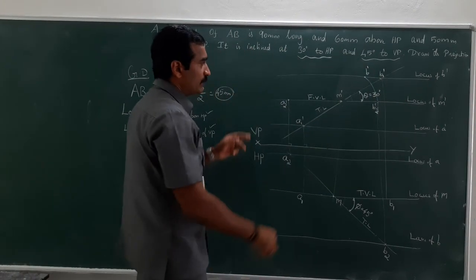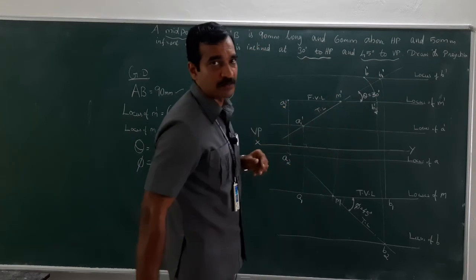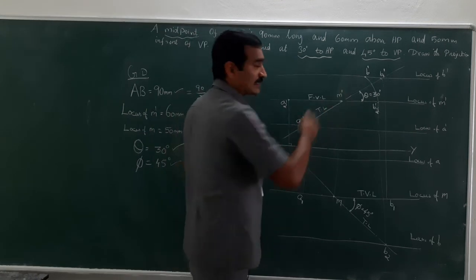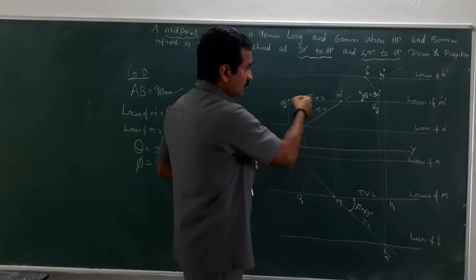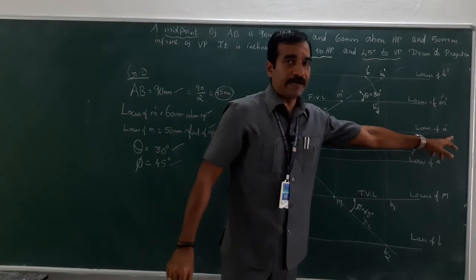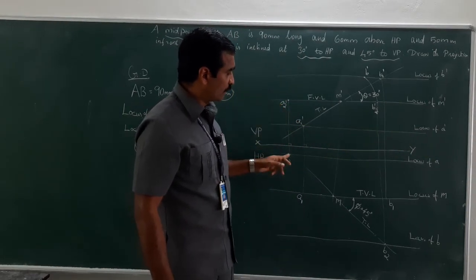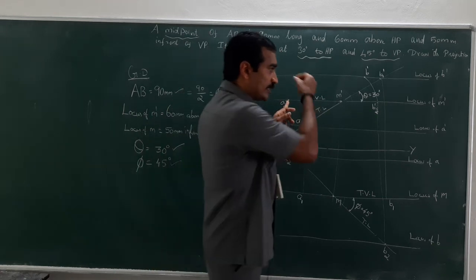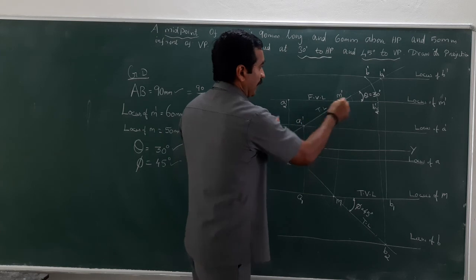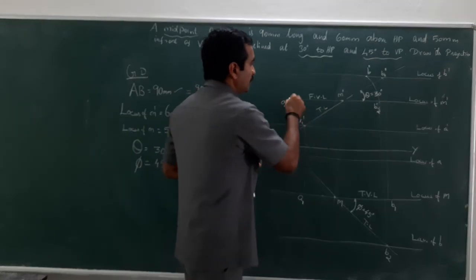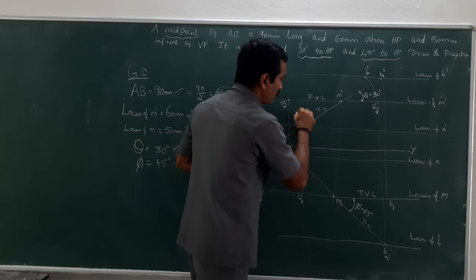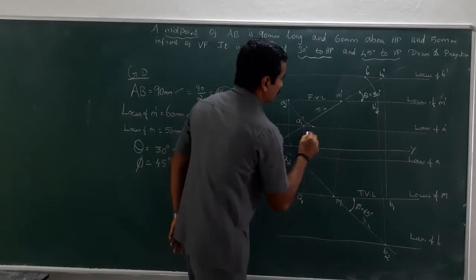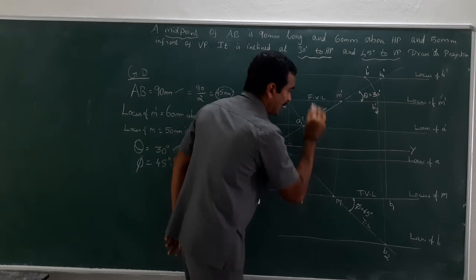Got it? Similarly, measure the distance between M dash and A2 dash. And M dash as center, cut an arc towards locus of A dash, because this information has come from locus of A. So this needs to be rotated towards locus of A, measuring M dash and A2 dash in your compass and rotate it till it intersects the locus of A. So this point becomes A dash.